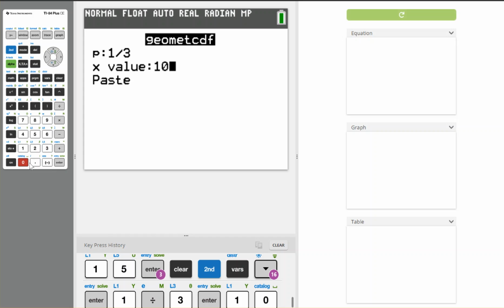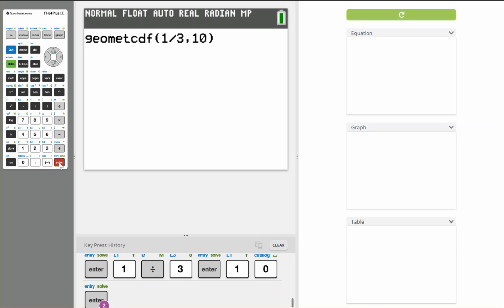So the X value I'm going to select, and I use Y in my case, is 10. So I'm going to paste that. On an older version of this, you might need to know that your parameter goes first and the number that you want goes second. But I can enter, and I'm going to get my probability very fast.